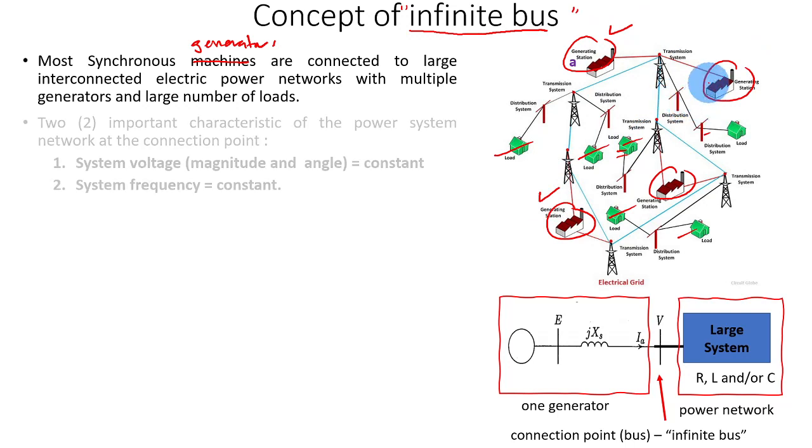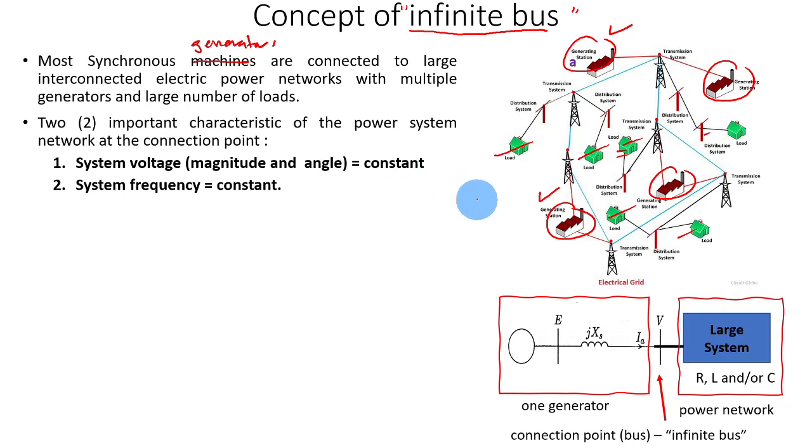There are two very important characteristics that an interconnected power system requires at the connection point. The connection point is basically the interface between the generator and the large power system.